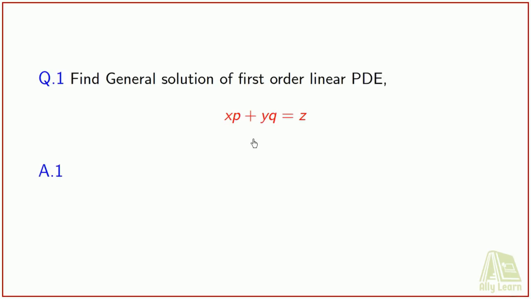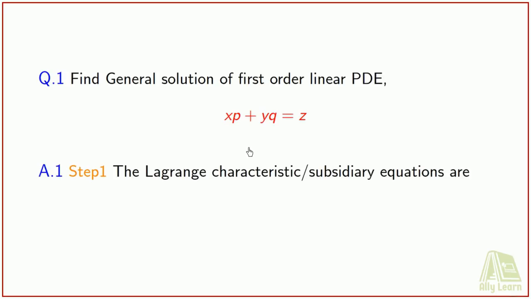They are of the type dx over the coefficient of p, which is x, equals dy over the coefficient of q, which is y, equals dz over the function on the right hand side.